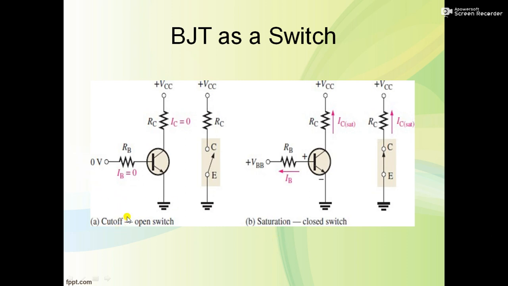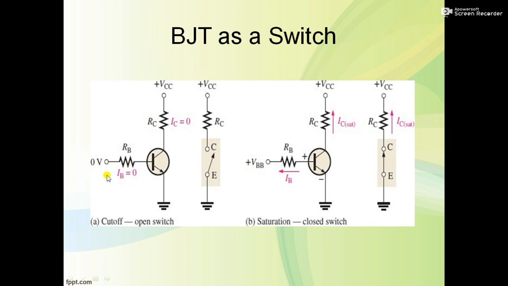See here, in the cutoff region, in this circuit I am applying 0 volt as an input to the base terminal of the transistor. At that time, with no voltage, the base current is 0 through this RB.